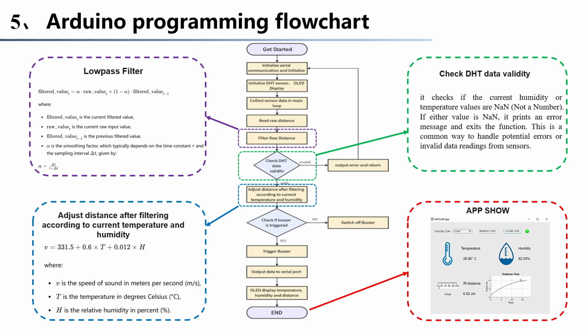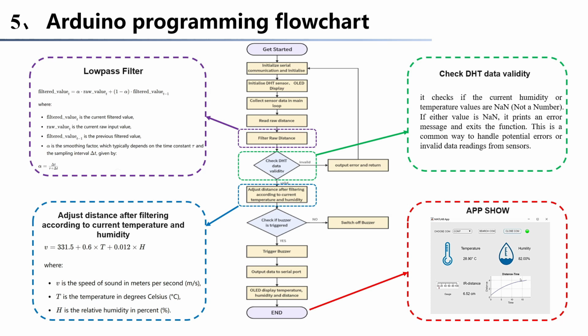Firstly, I want to introduce this flowchart. After we get started, we initialize the sensors and collect the sensor data in the main loop. After that, we move to the filter function. We remove the higher frequency displacement data. After that, I check the DHT data validity, then adjust the distance after filtering according to the current temperature and humidity.